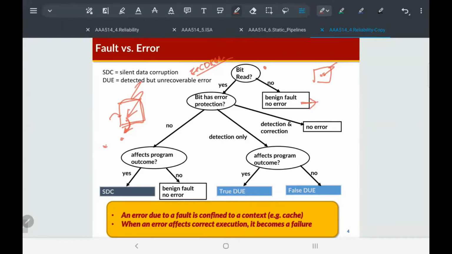If a single bit error is detected, then this error can be recovered, can be corrected. So even though the bit changes are detected, if these bit changes can be corrected, this is not an error, because it is correctable.